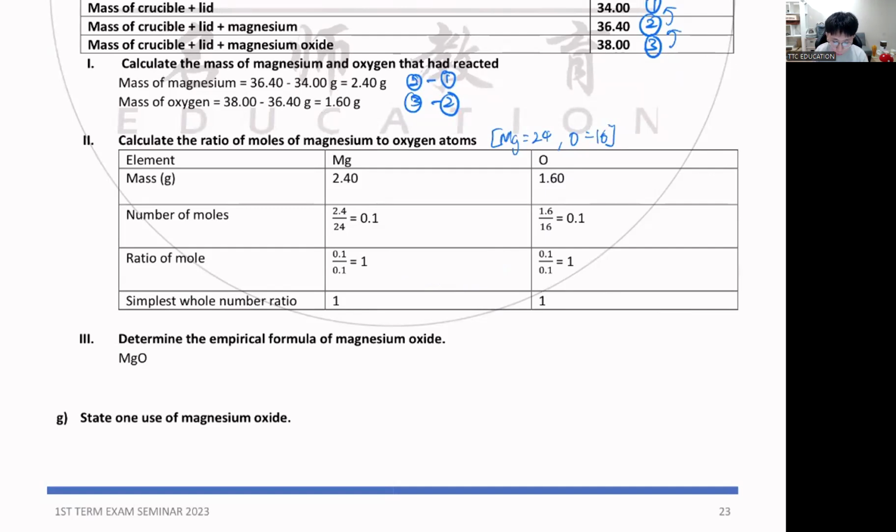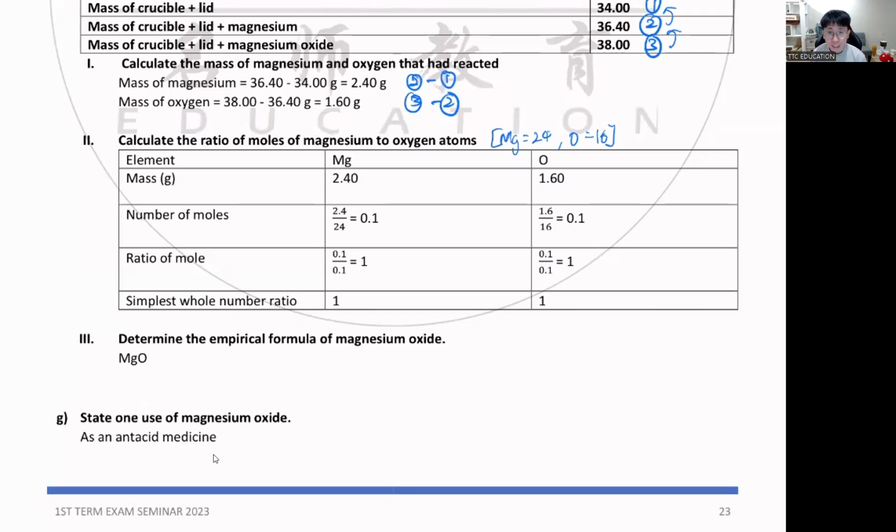And what is the use of magnesium oxide? Guys, this one is a bit out of syllabus because this is actually Form 5, chapter 5. But never mind, this is to give you an idea first. Magnesium oxide is used in medicine, antacid, which is the medicine for gastric.